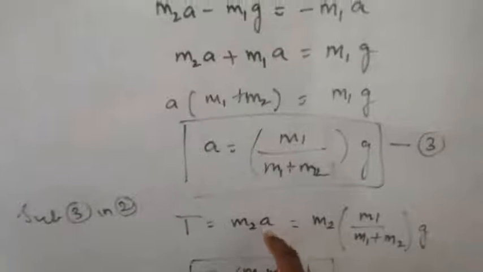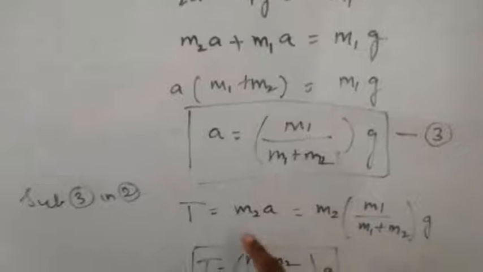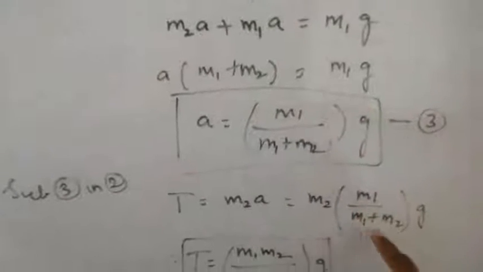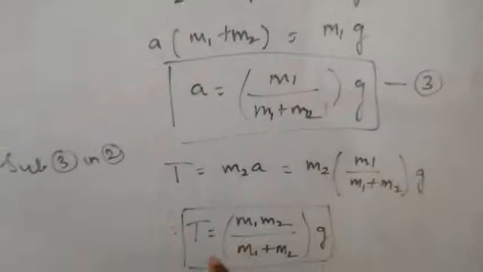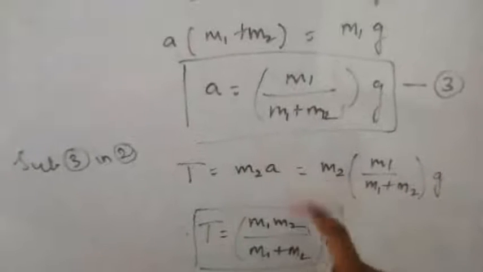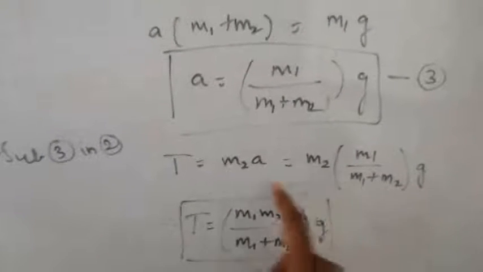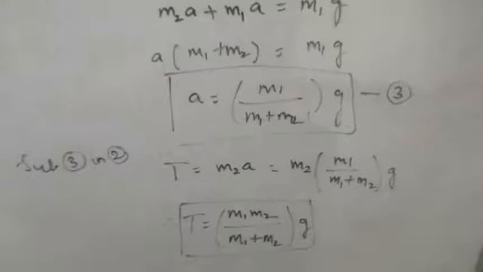Here in this equation, substitute the value of a, so T is equal to m2, instead of a, m1 by m1 plus m2 into g. So you can simply multiply this and write the tension T equal to m1 into m2 by m1 plus m2 into g. So this is your tension force acting along the horizontal motion of the connected bodies.